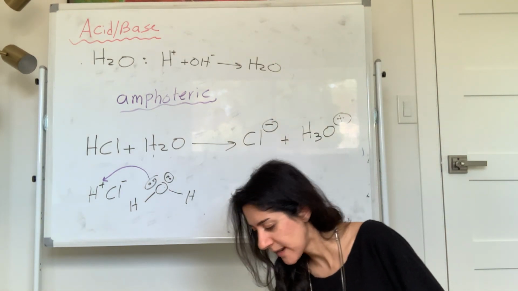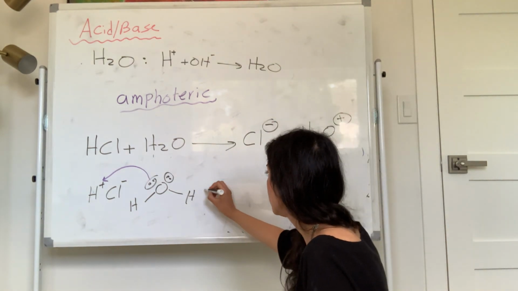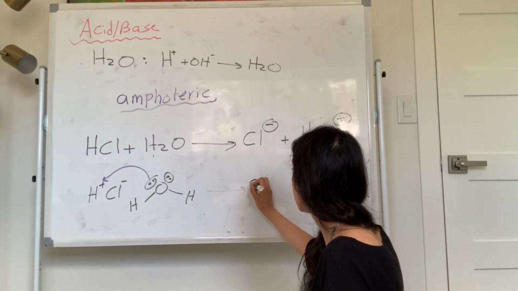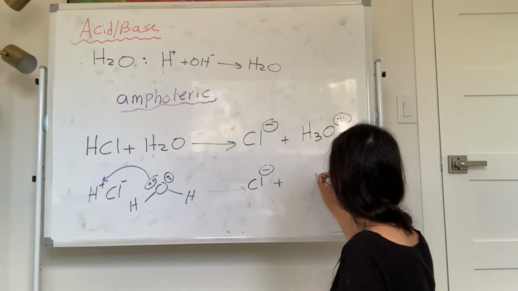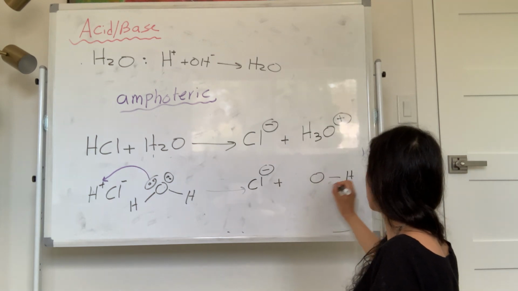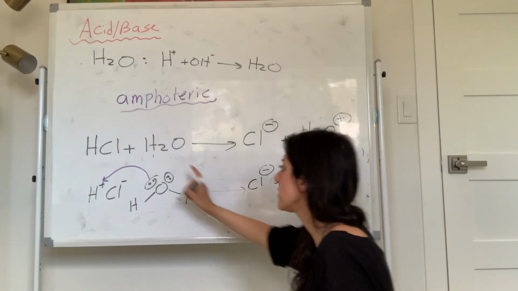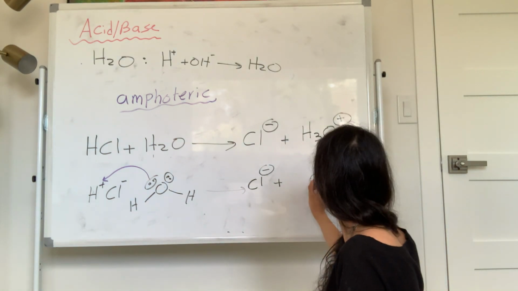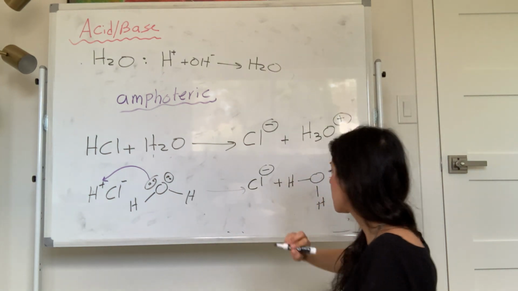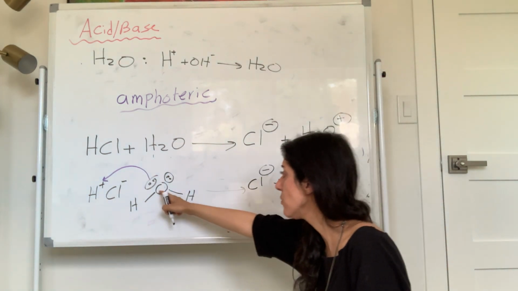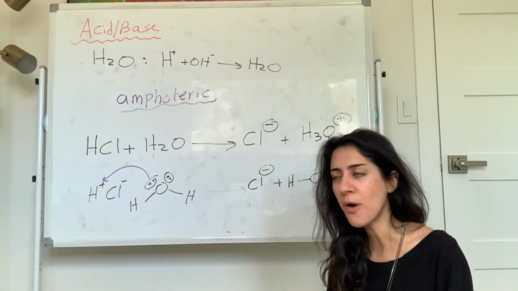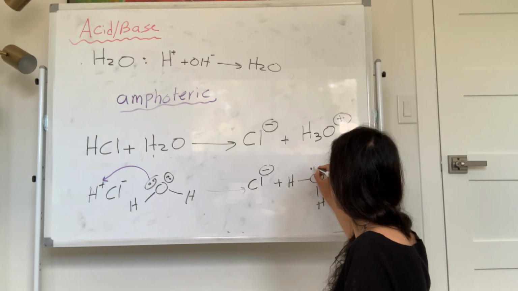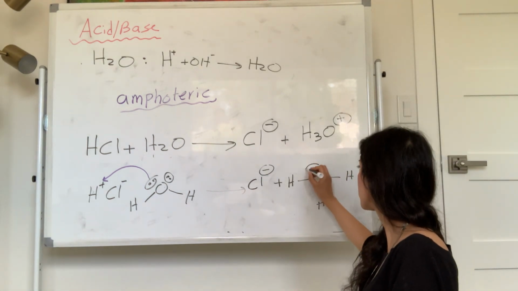When that happens, Cl minus is going to be by itself. And here, the oxygen had 2 hydrogens, but it just grabbed another H, so now it's going to have 3 hydrogens. We use one of the lone pairs to grab the hydrogen and make a bond, but there is another lone pair left. I'm going to put it on top of that.